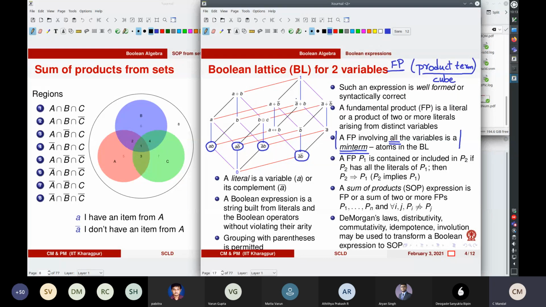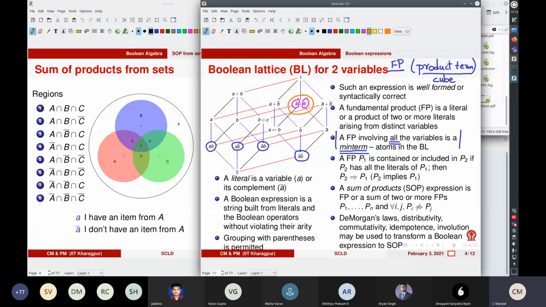That is a sum of product expression, because this one is a product, and this one is a product, and these two together, this whole thing, is a sum of products.